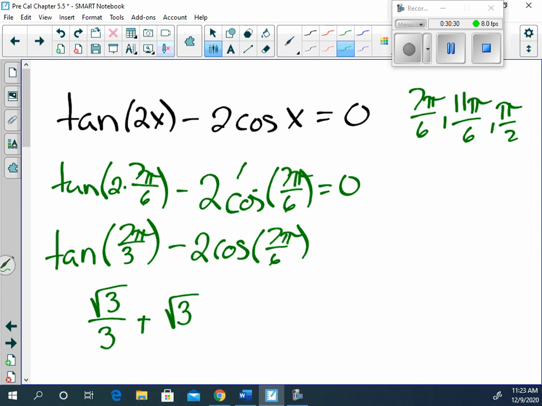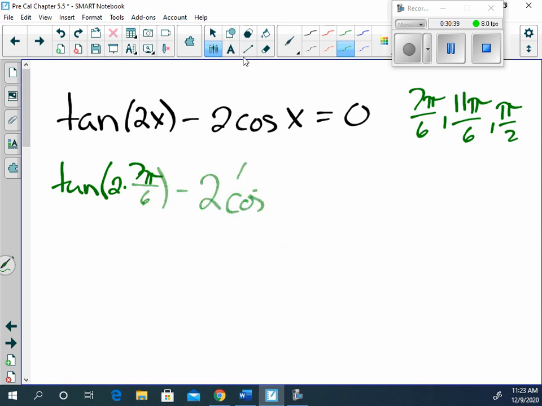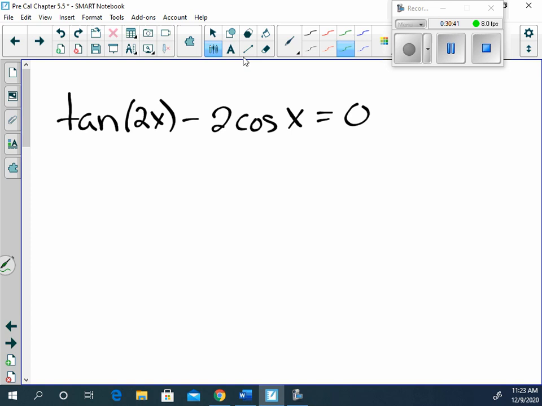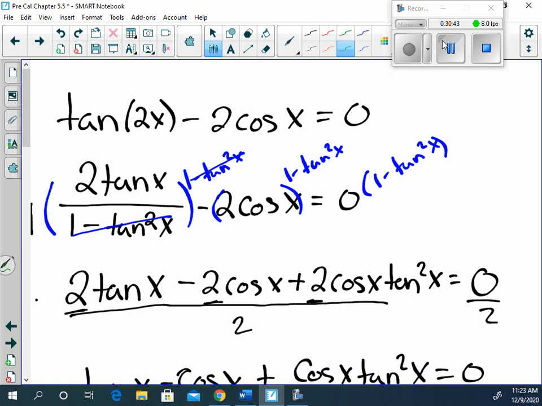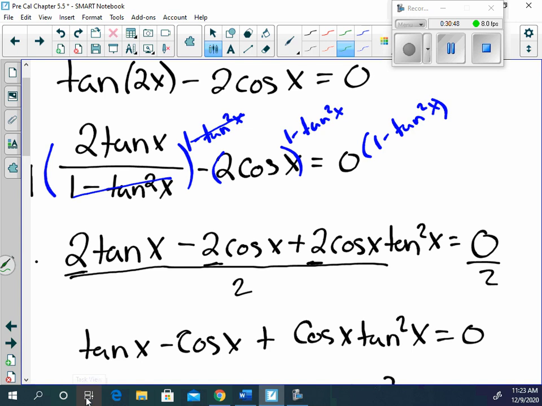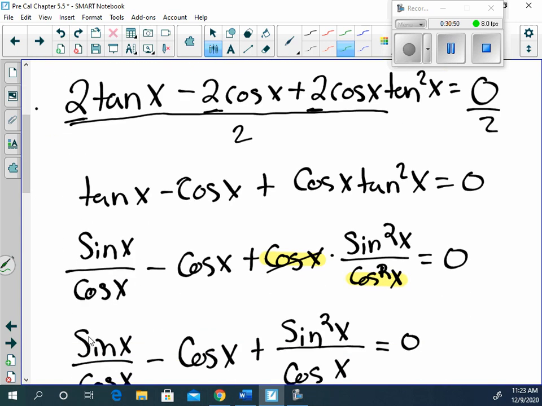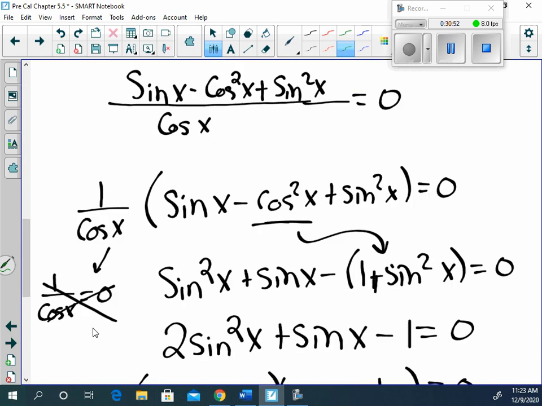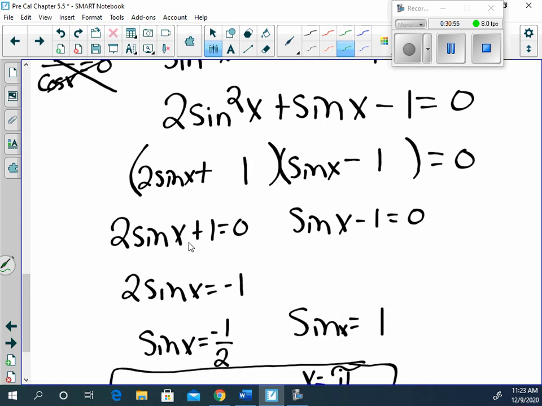Make sure I did this right. It could be also that I looked at the wrong numbers. There we go. I wanted a positive one.